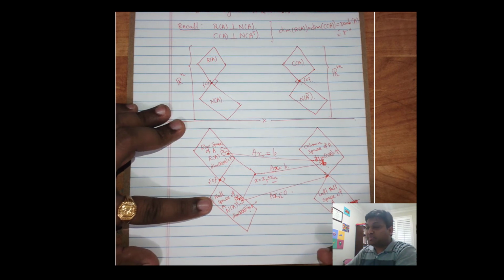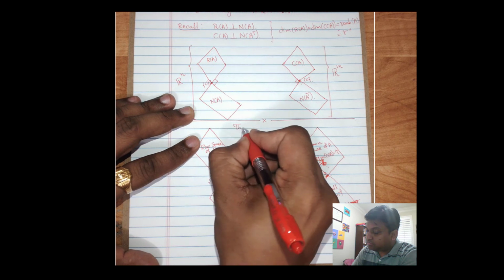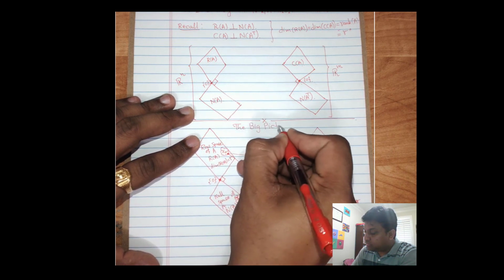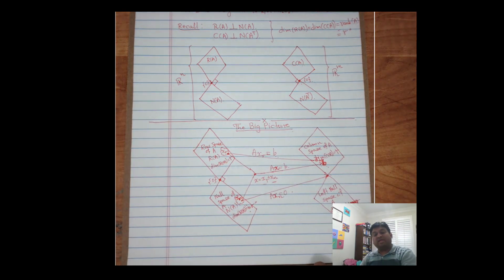This picture is called the big picture, as it represents the idea of the system Ax equal to b in terms of these nice subspaces which are orthogonal to each other.